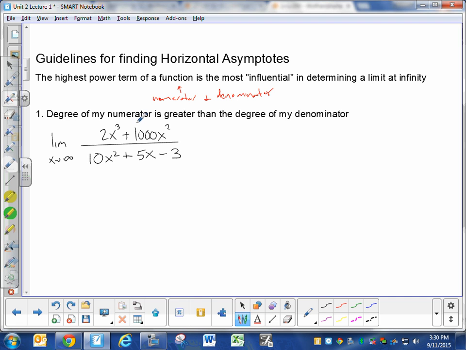I will be able to just say, I don't care about 1000x squared. That seems odd, right? When I'm plugging in x's, I'm going to get big numbers. However, I'm going to get such bigger numbers when plugging into x cubed that it's not going to matter. And I'll show you.